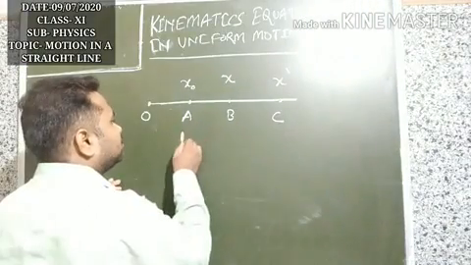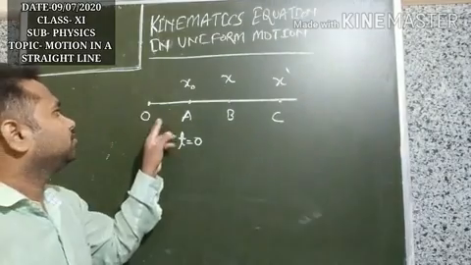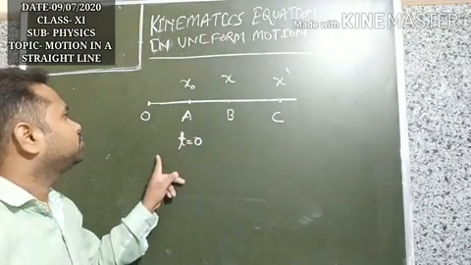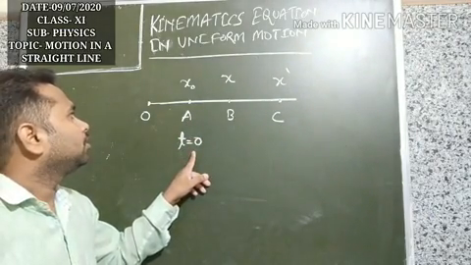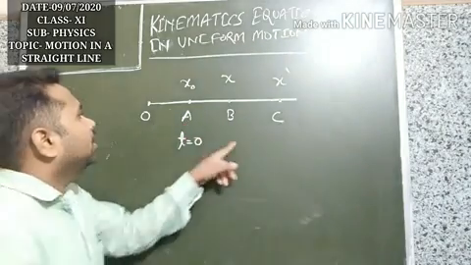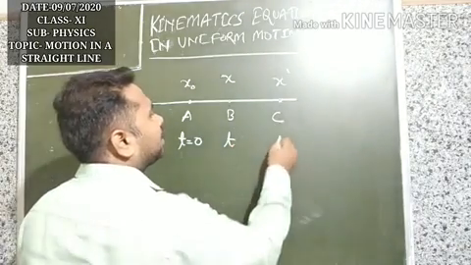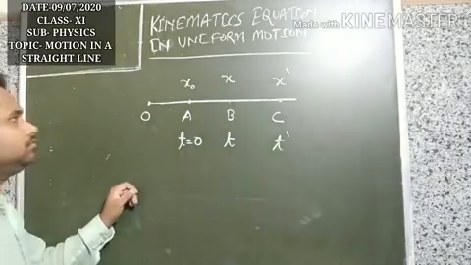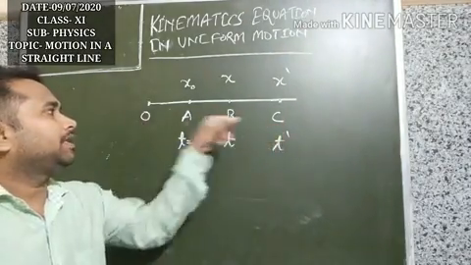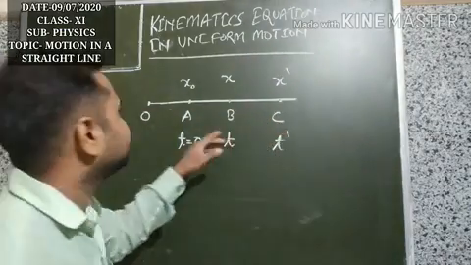When observation starts, the object is at point A. Here the time is t, and here the time is t dash. Try to understand this diagram. This is the straight path of the object, which is moving towards the positive direction of the x-axis.